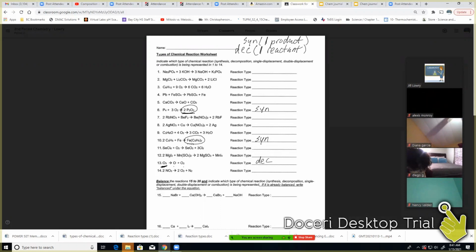So that would be a DEC, number 5, right here. 13 is one, and you're right, 14 is one also. I only have NO2. It doesn't matter that I have 2. I could have 20 of them, but I only have one reactant.